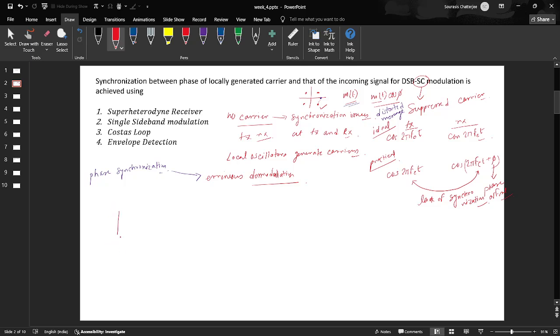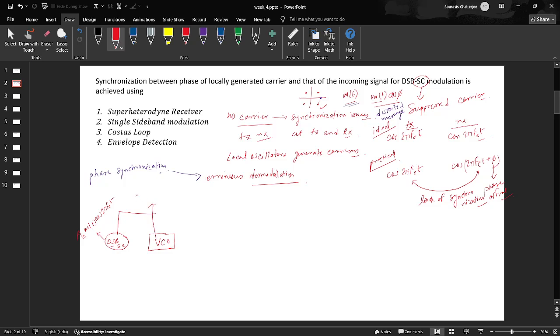Let's assume this is your DSBSC signal coming in. We have seen the standard notation, that is Ac m(t) cos 2 pi fct. Now, as of now I was talking about this local oscillator, so let's use a slightly advanced version of that, something called VCO.